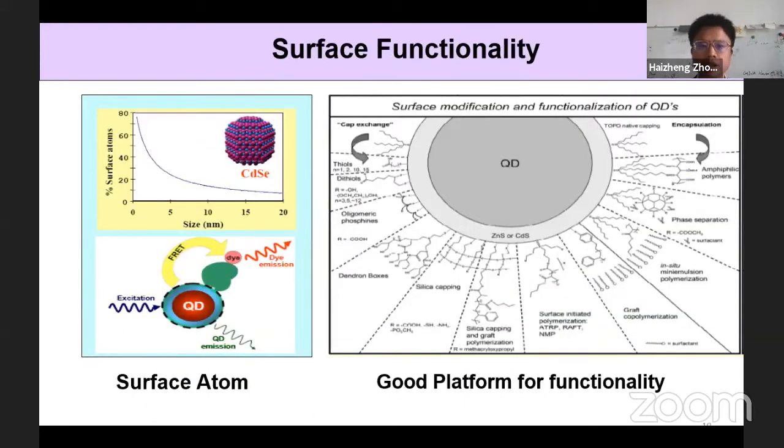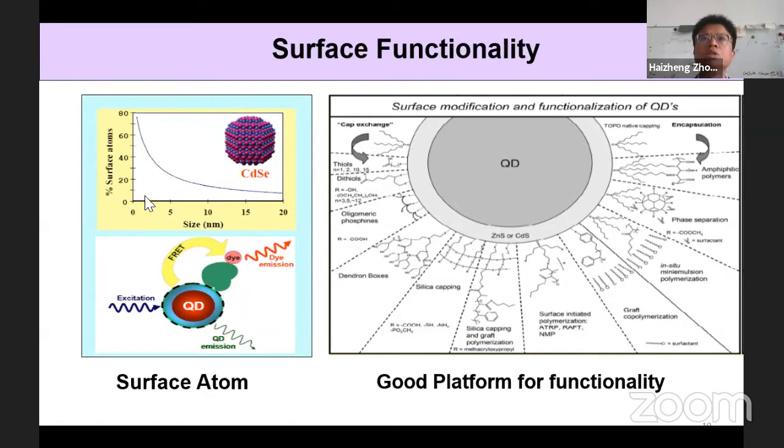In addition to the interesting phenomena, with the size decrease, quantum dots also show the very important effect of improved surface to volume ratios. Here I have a picture to show the well-known cadmium selenide quantum dots. With the size decreased to 5 nanometers, the surface atoms increased to 20%.